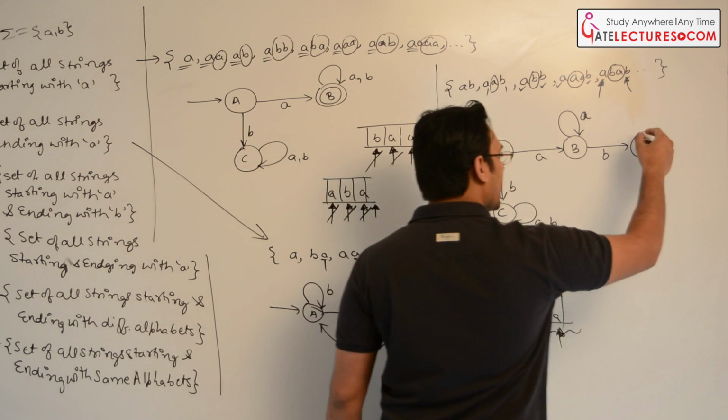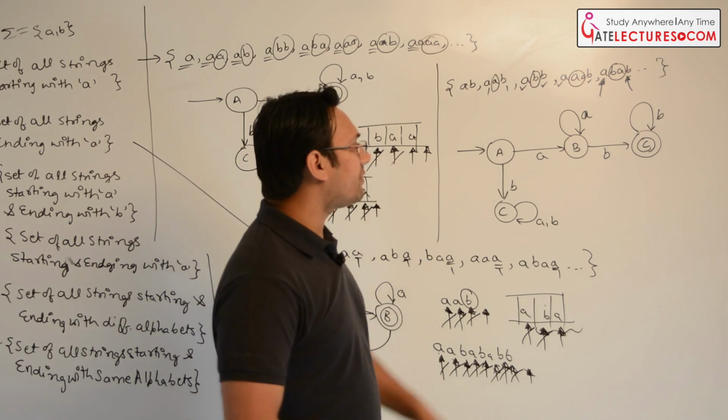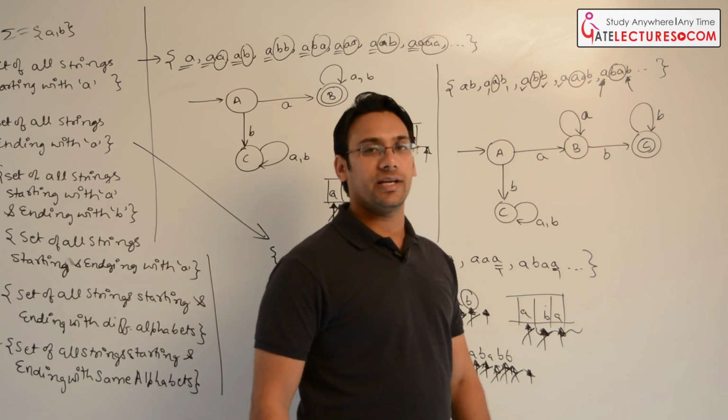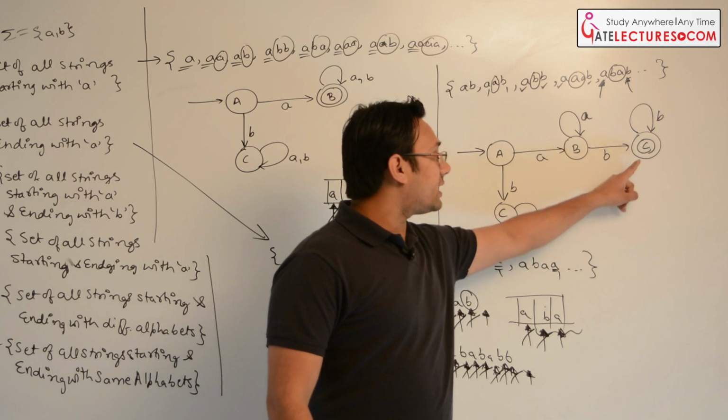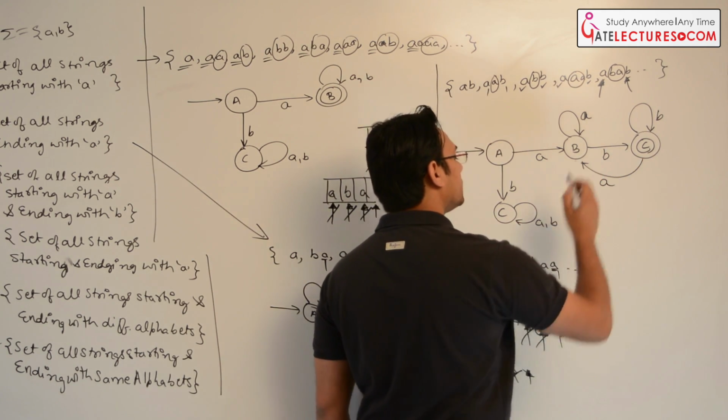After this, if we have any number of B's, it does not matter, you can have any number of B's because the string is always ending with B. But if we get an A, then we'll go to this state.